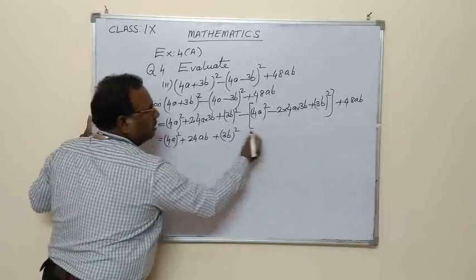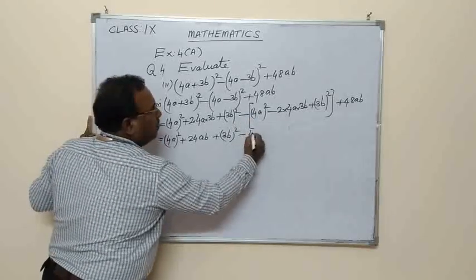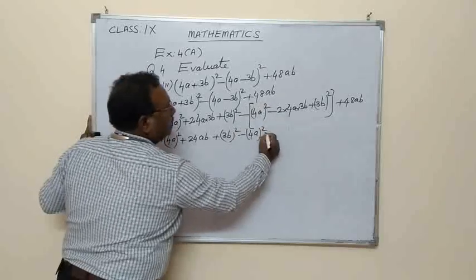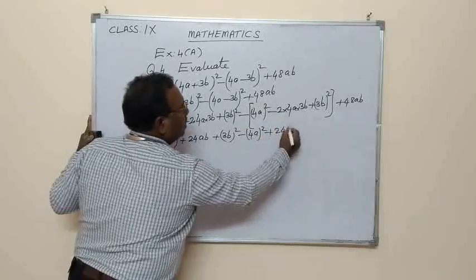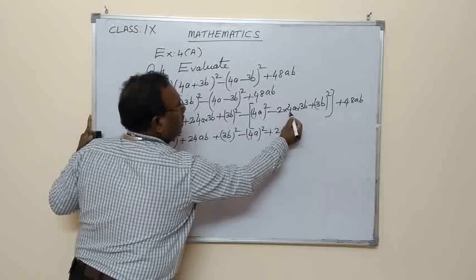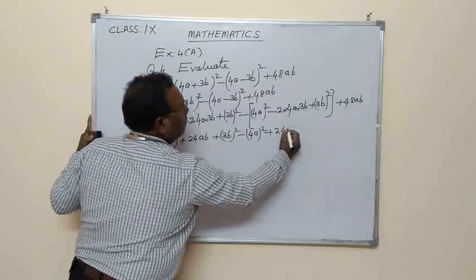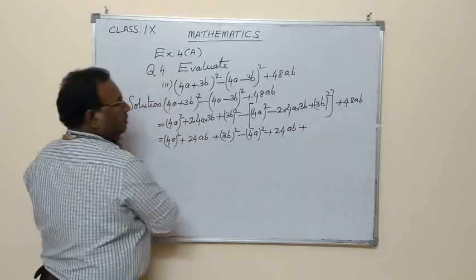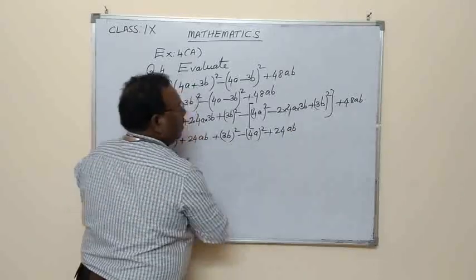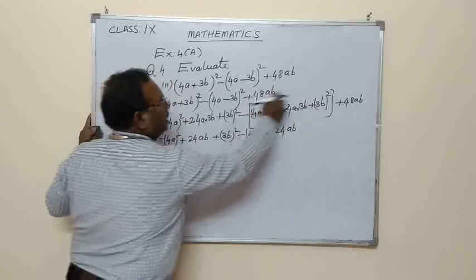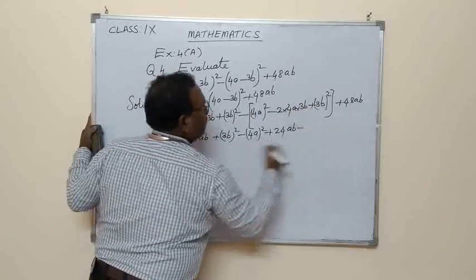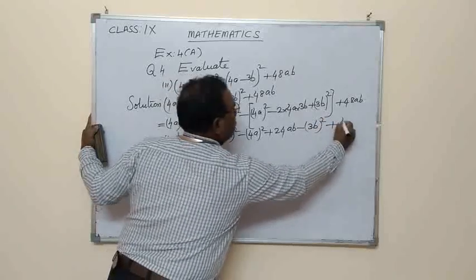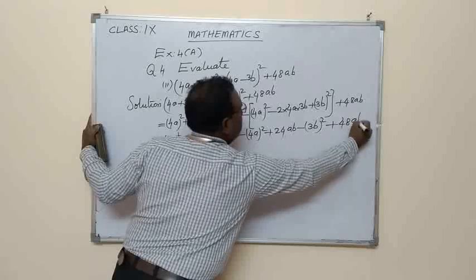Remove the bracket, minus (4a) whole square, minus into minus plus, plus 24, multiply this, 4 into 2 into 3, 24ab, minus into positive, minus (3b) whole square plus 48ab.